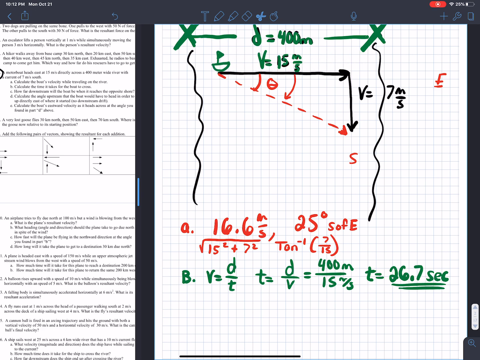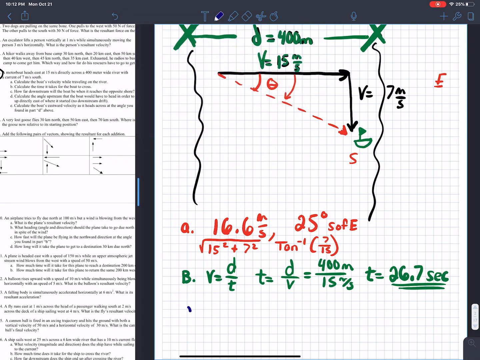But you have to understand that for every single second that it is crossing the river, it's also being pushed down the river. So if we are on the river getting across and it's taking 26.7 seconds to get across, that means we're going to be pushed downstream for 26.7 seconds.